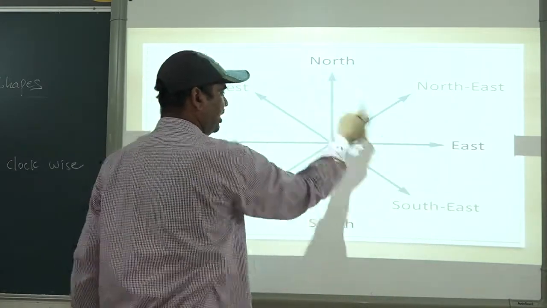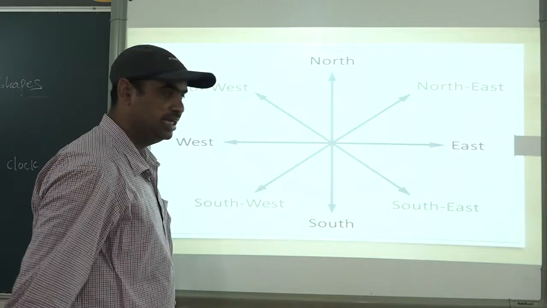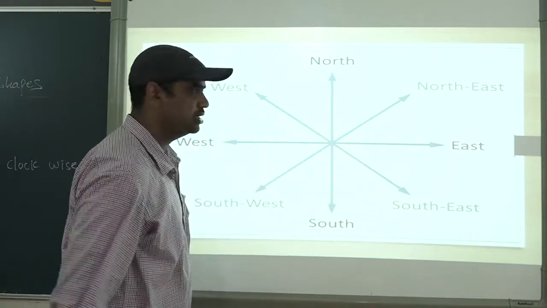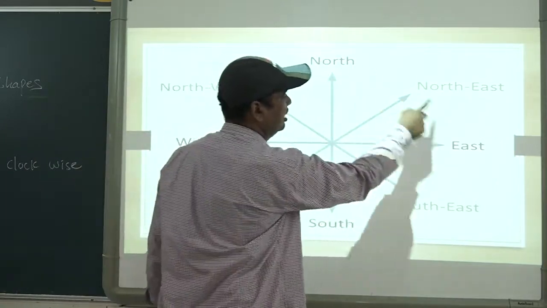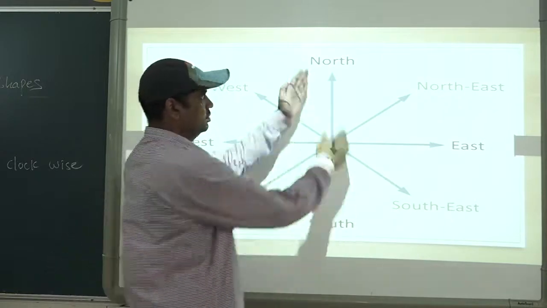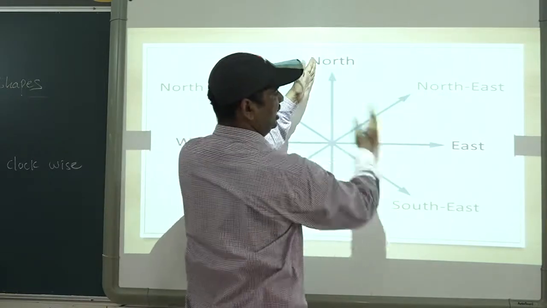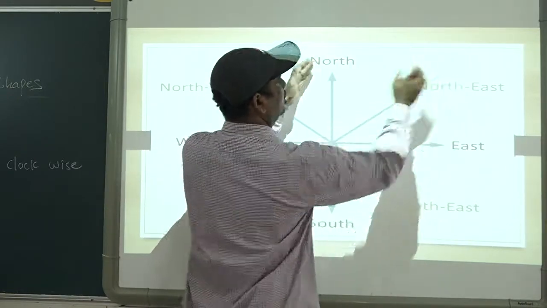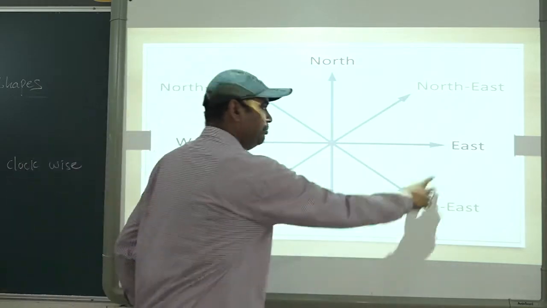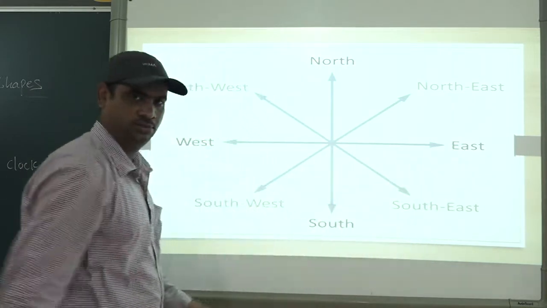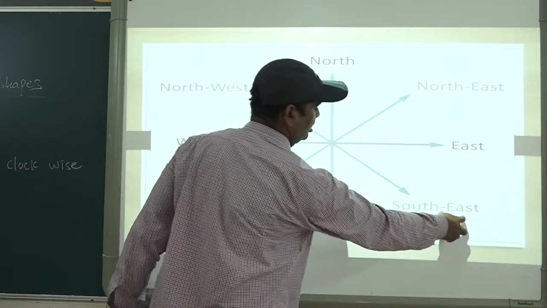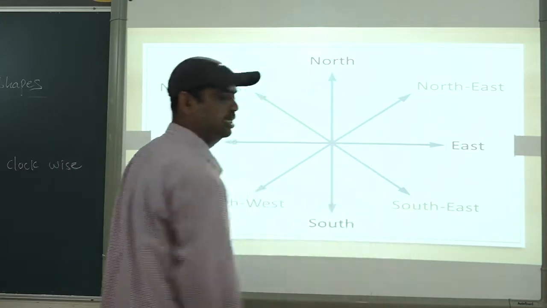Okay, so then the subzones. These are called main zones, four main zones. Now, which are the subzones? The area between north and east is known as northeast. The area between east and south is southeast.